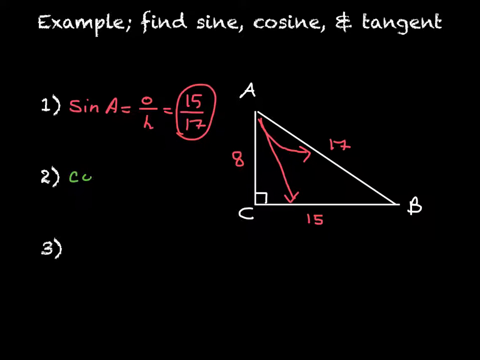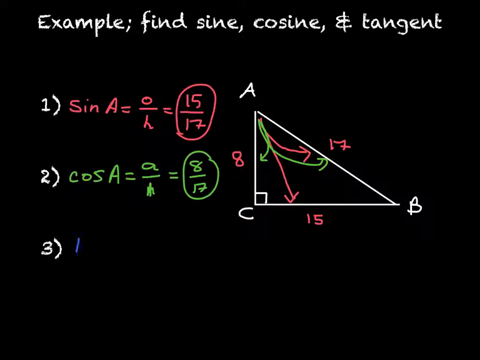Next, we have cosine of A, which is going to be equal to my adjacent side over my hypotenuse. So that's going to be the side touching, 8, over my hypotenuse, which is 17.